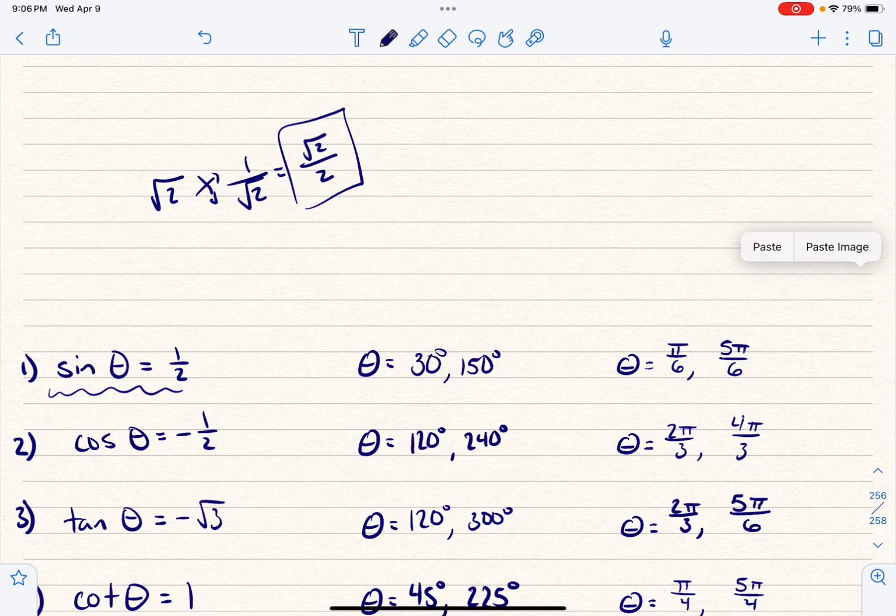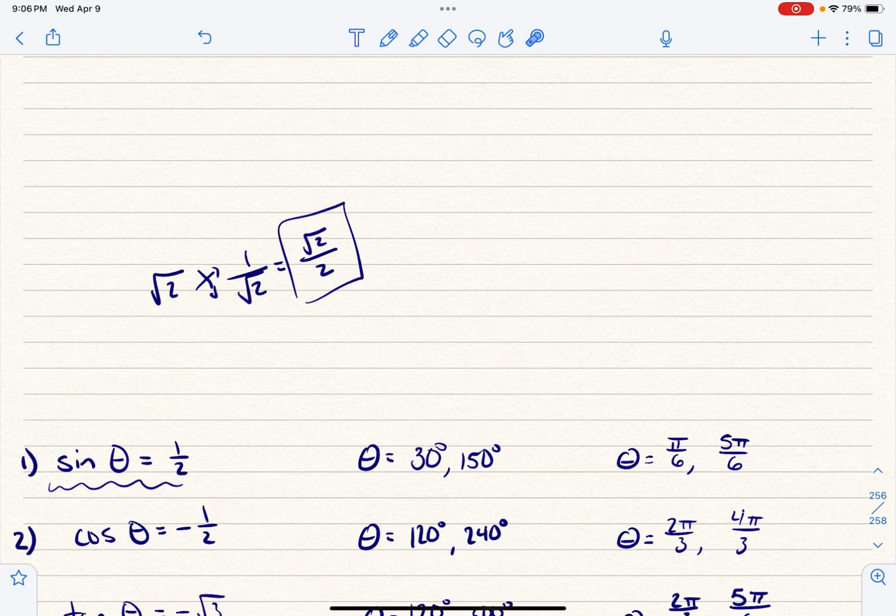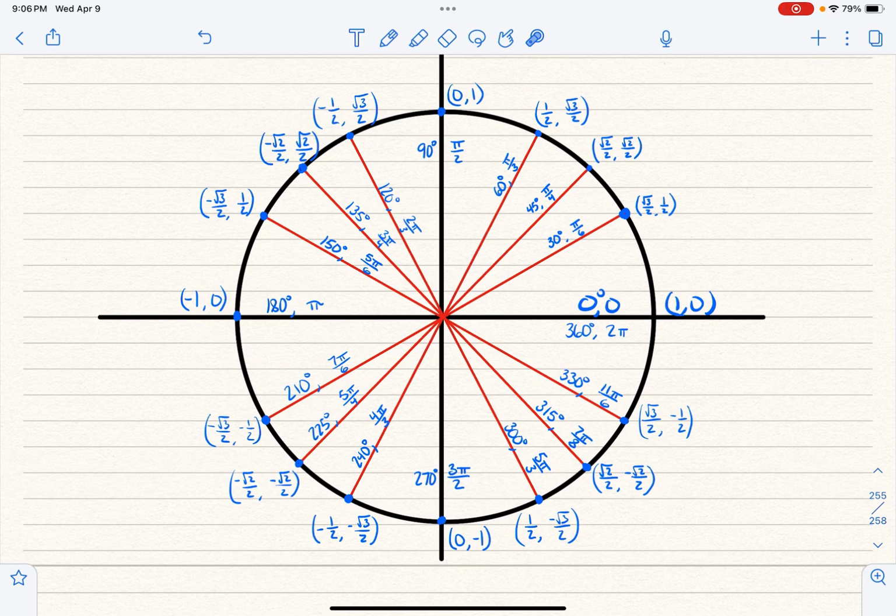So then you think about it. You think secant is connected to cosine. Cosine is x. So I'm looking for where my x value will be the reciprocal of square root of 2, which is square root of 2 over 2. So I'm looking for my x value to equal that. Here my x value equals that, and down here my x value equals that.